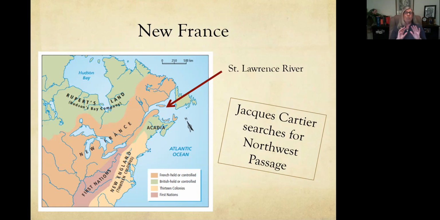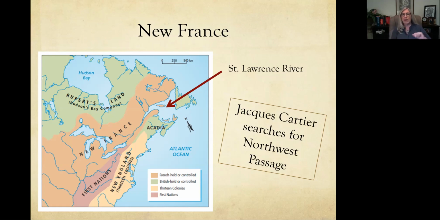The French were not terribly interested in what the Spanish were doing here in North America with the gold and the silver. The French were more interested in establishing more trade arrangements with the people of Asia. The silks, the spices that had come out of their knowledge of the East, the Orient, that had come from the Crusades, that's where they want to establish trade routes.